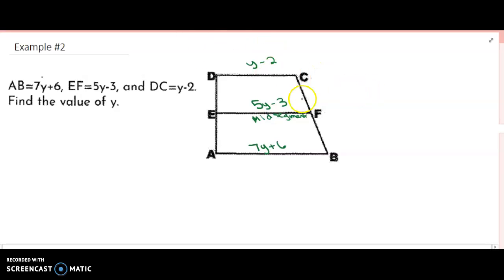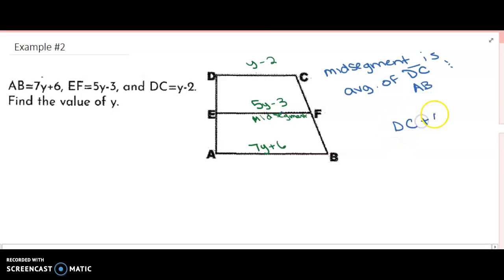All right, so we said the mid-segment is the average. So I'm going to write this out. Mid-segment is the average of the two bases, so of DC and AB. So I could say that DC plus AB divided by 2 equals the mid-segment, which is EF.